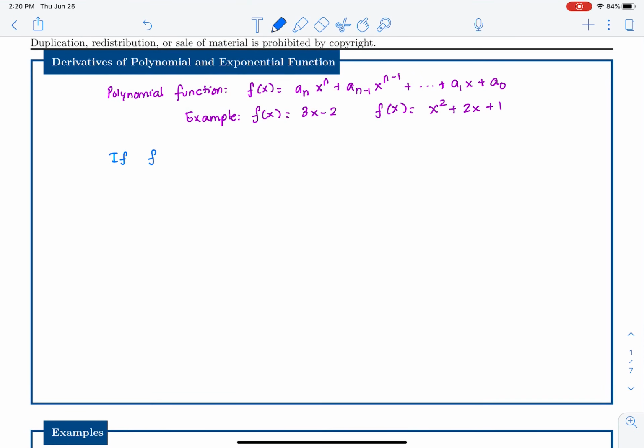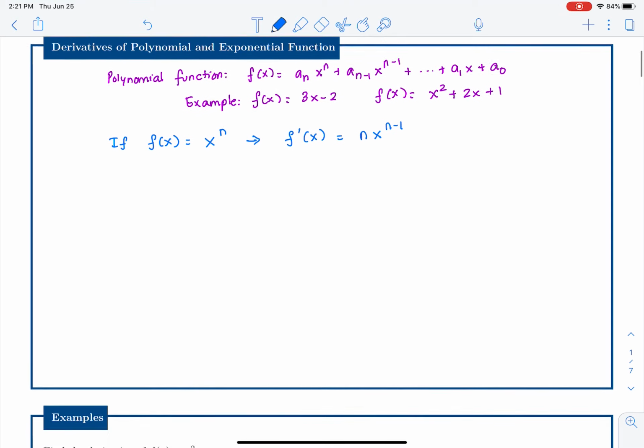If f of x is equal to x raised n, then f prime of x is equal to n times x raised n minus 1. In other words, you move the n from the power to the front and decrease the power by 1.